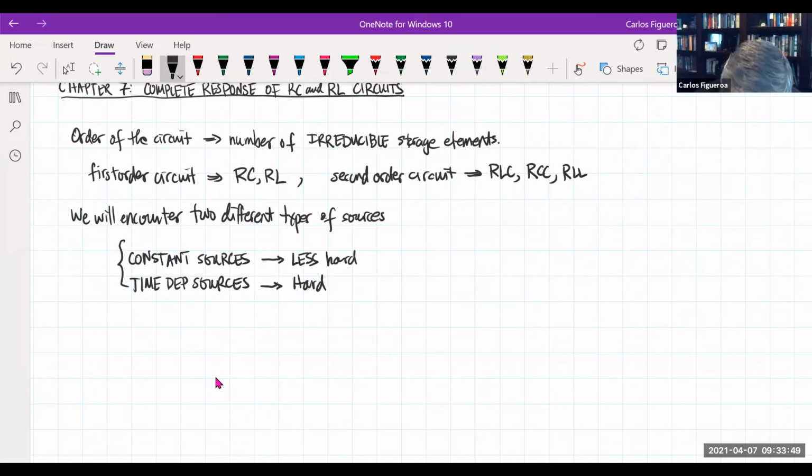And what we're going to do here is that we're really going to be dealing with what are known as a Thevenin RC circuit or a Norton RL circuit. It really changes how we do this.